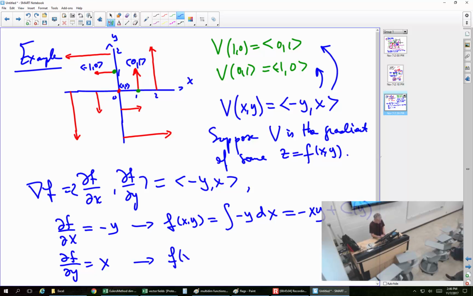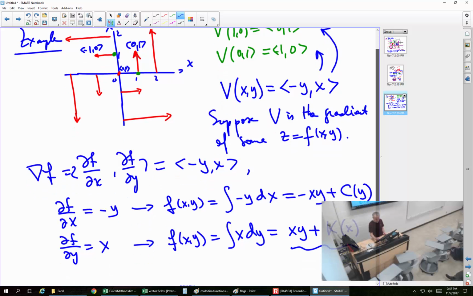Then we do the same formula, but now we integrate x with respect to y, and what do we get? We get xy, and we have a second constant, let's say k of x. Once again, you can verify it: differentiate with respect to y, and xy turns into x, but k of x turns into 0 because x does not depend on y.